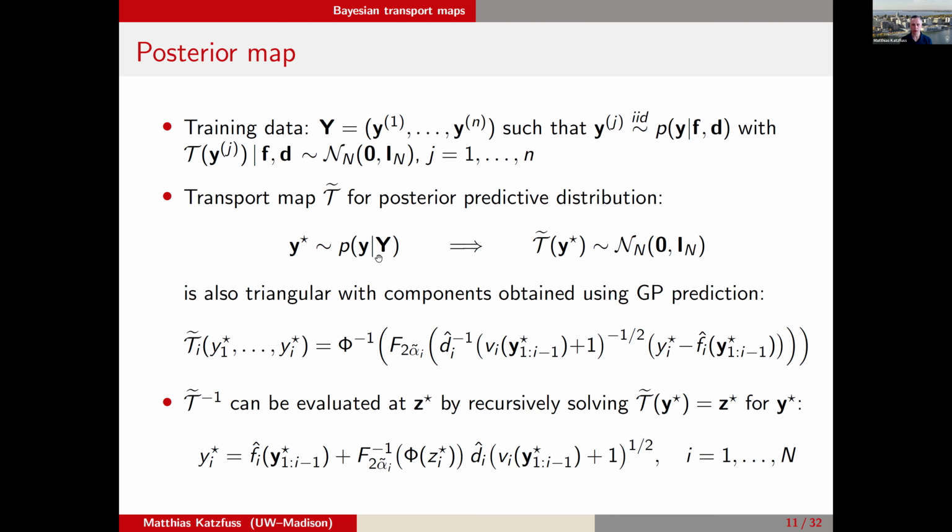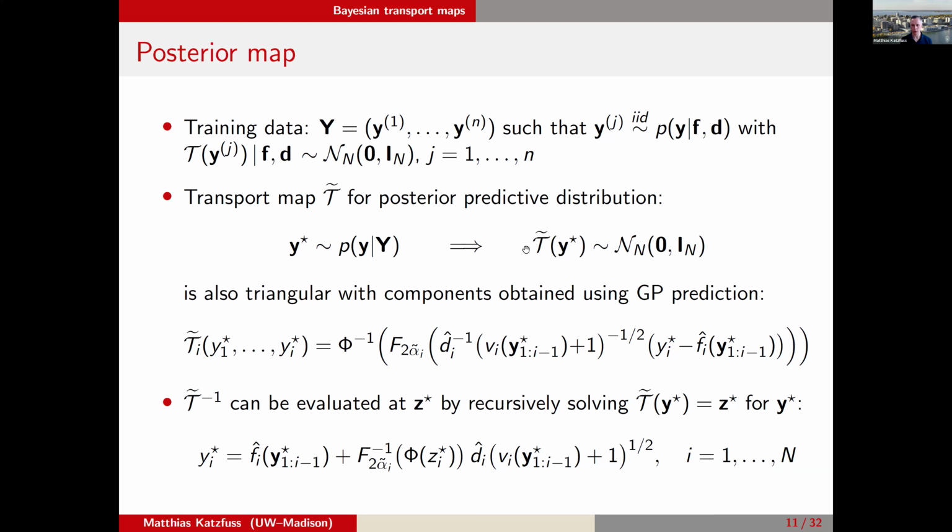Then we have a model and data, which implies a posterior predictive distribution for y, where we condition on what we've learned from the training data, capital Y. And we can think about a transport map, which I'm calling T tilde here, that characterizes this posterior predictive distribution, in the sense that if we have a sample Y star from this posterior predictive distribution, T tilde maps this sample to our reference standard normal distribution. So we're calling this T tilde the posterior map.